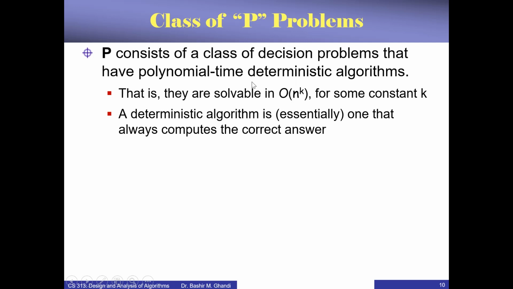Now here we mention deterministic algorithm. A deterministic algorithm is essentially one that always computes the correct answer. So you have a deterministic algorithm, and if you evaluate running time, it will be big O of n to the power k for some constant k. In that case, your problem is classified as P. P here stands for polynomial time.